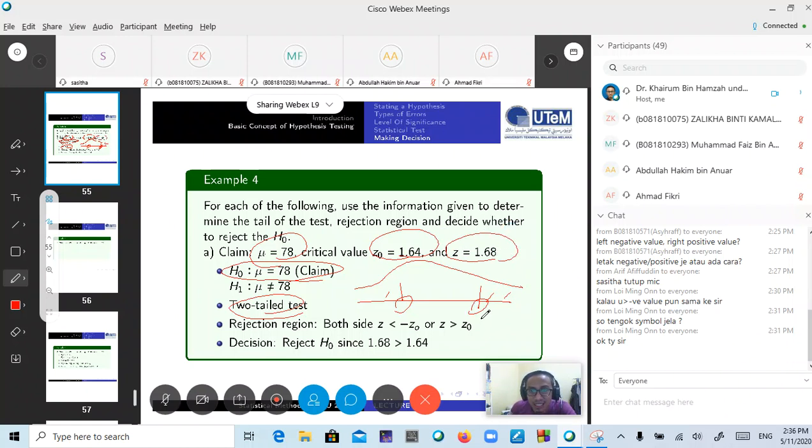Your Z naught is 1.64 here. So 1.68, your Z calculation lies in this rejection region. Since your Z lies in the rejection region, our decision is reject H naught, since Z is greater than Z naught.